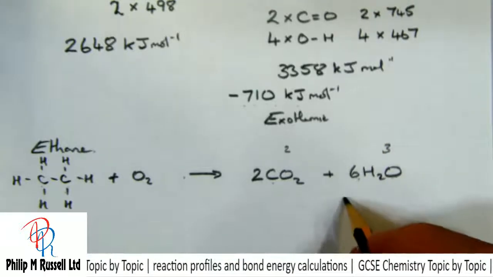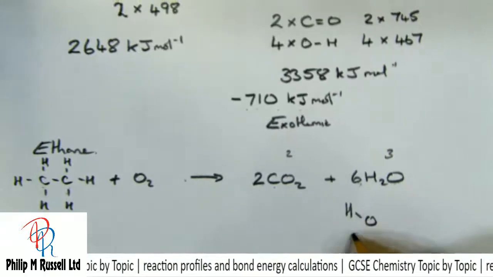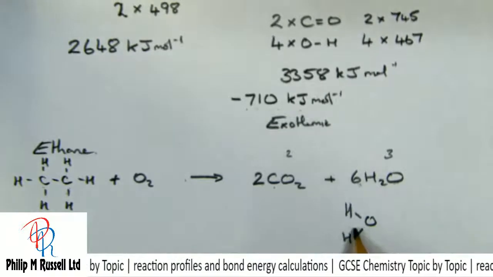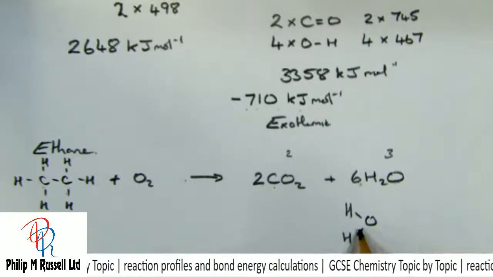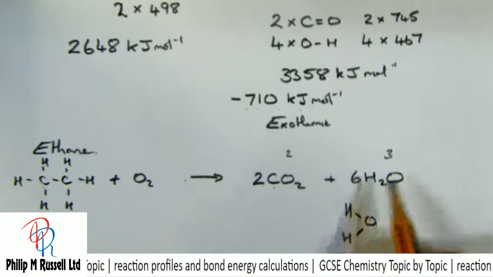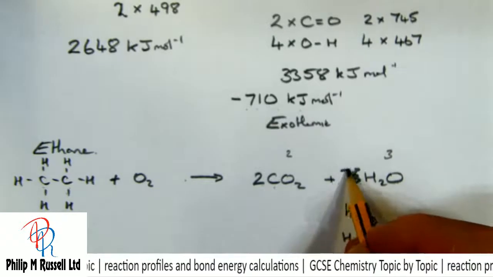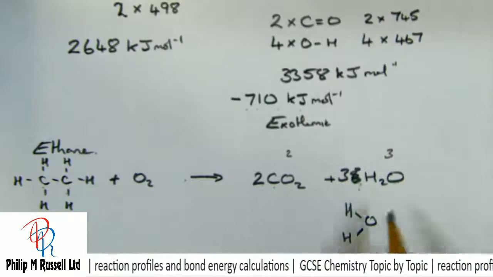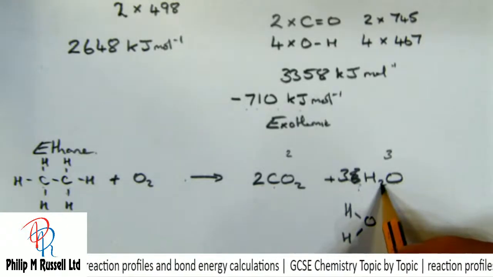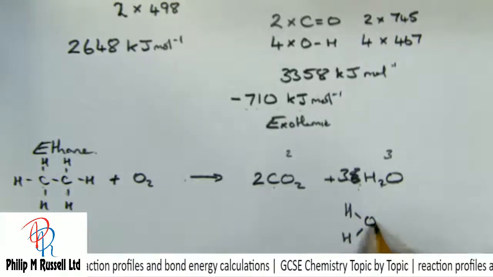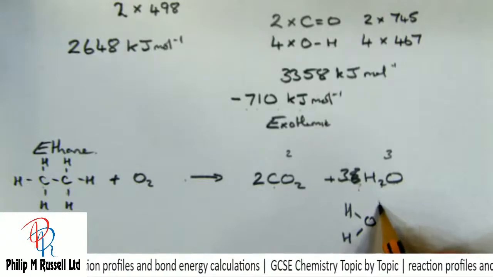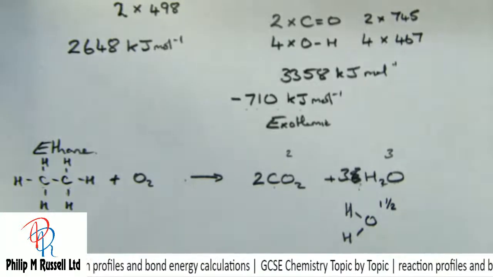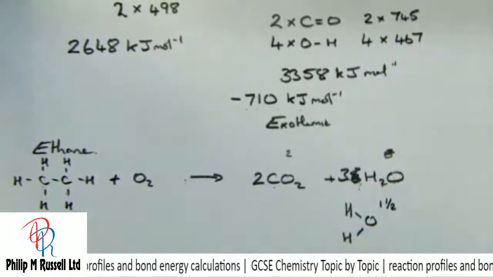See, we've got this H2O, so to get these 6 here, we only need 3 of these, because 3 times 2 makes our 6, and that means we want, awkwardly, 1.5 oxygens.